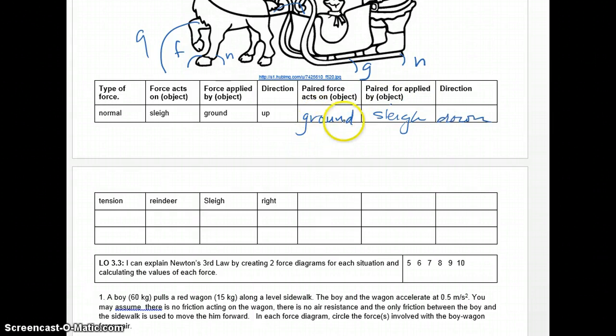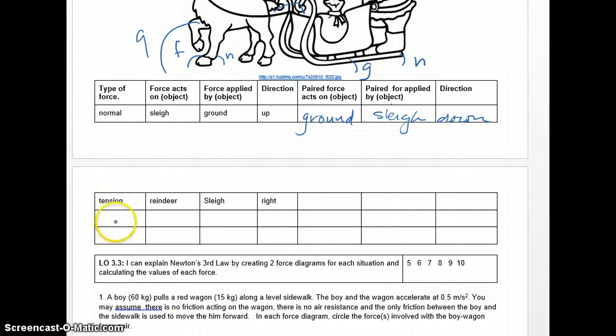I'm going to just verbally give you these here. So tension force, you see, because the sleigh is pulling on the reindeer to the right. The force pair would then be the reindeer pulling the sleigh to the left.